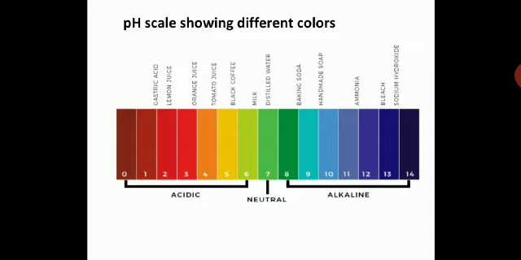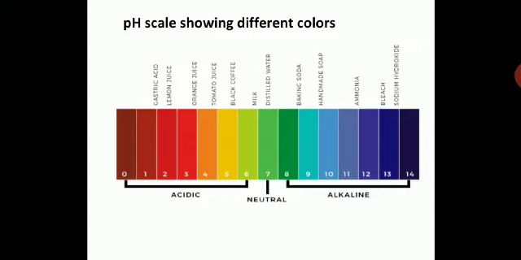So here you can see the acidity of the substance increases as you move from 7 towards 1 or 0. And as you move ahead from 7 to 14, here you can see green color, deep green color. Then you can see the values over here: 8, 9, 10, 11, 12, 13, 14.